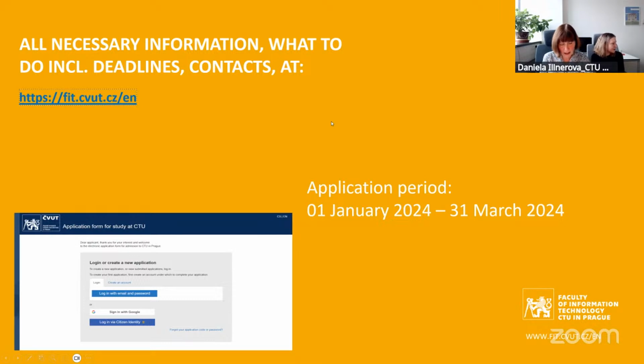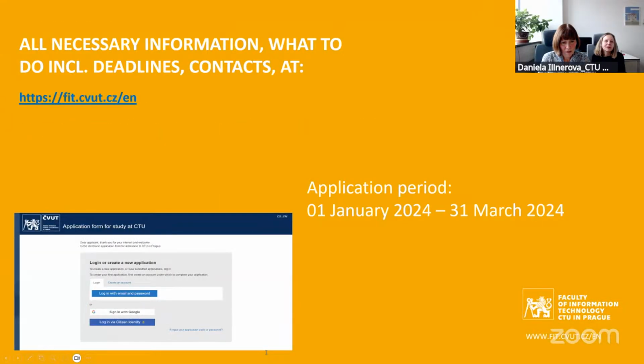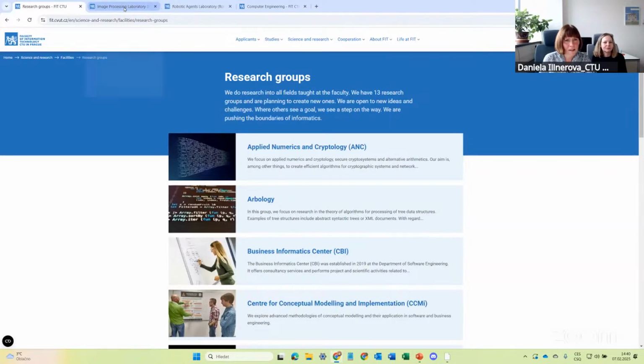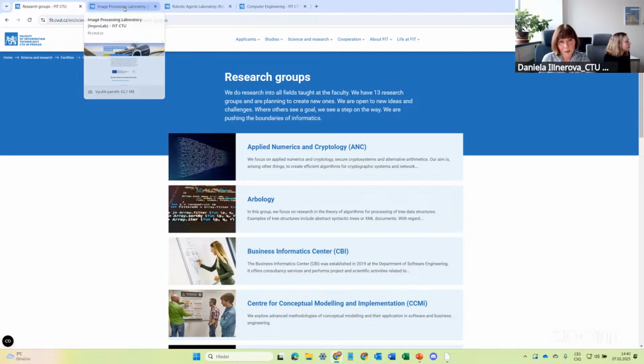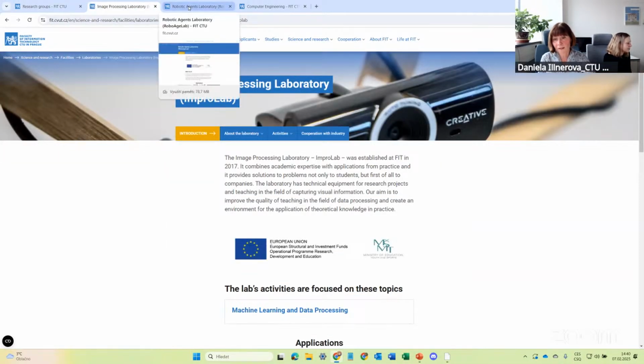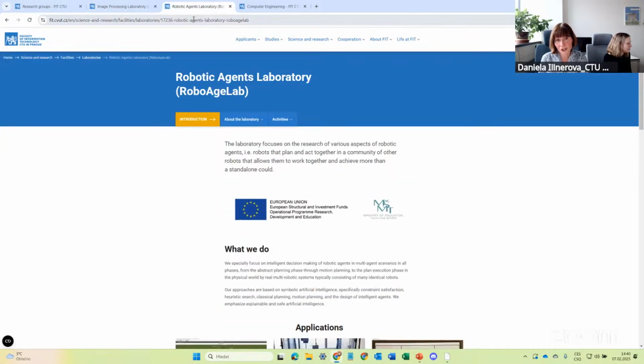We have the image processing laboratory or the robotic agents laboratory, where you can study.